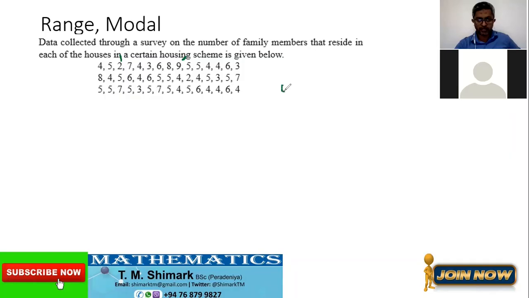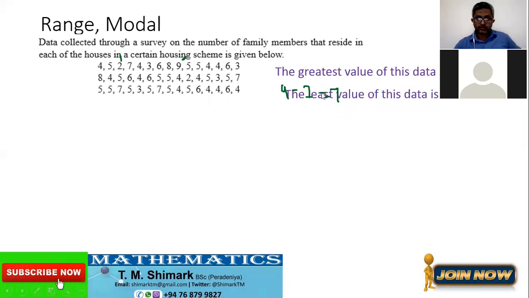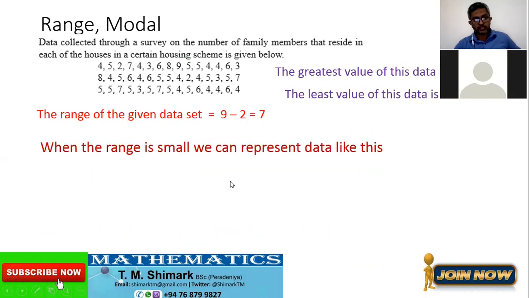So the range is 9 minus 2, which is 7. The greater value in the data is 9 and the least value is 2, so the range is 7.